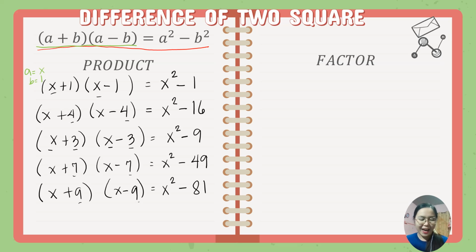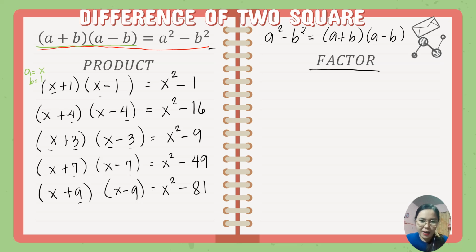That's it. Okay, let's move on to the factor. So we will just be working backwards. From this, it will become a squared minus b squared, which is equal to (a plus b)(a minus b). If the given is x squared minus 9, what will be the factor?